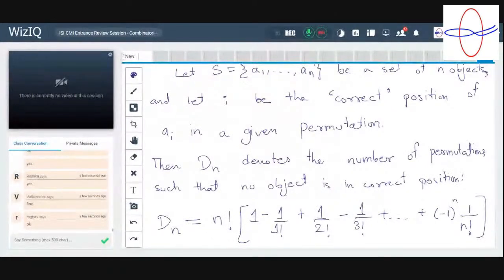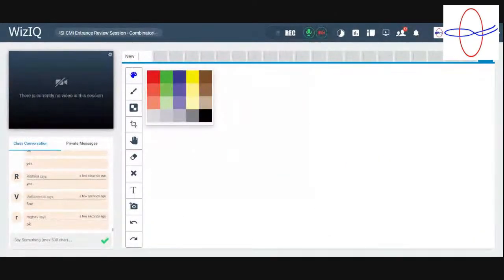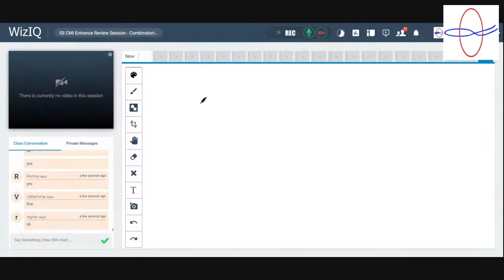Okay. So there are some properties that DN satisfies, some equations. So let me just quickly write those. So there are two recursions. If you don't know these beforehand, you don't need to know these now.